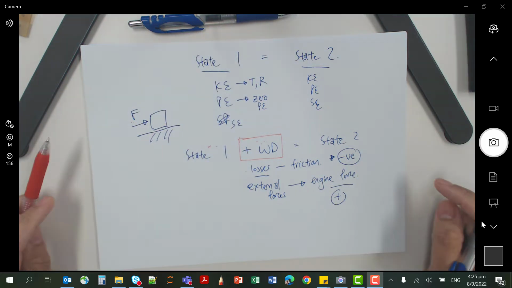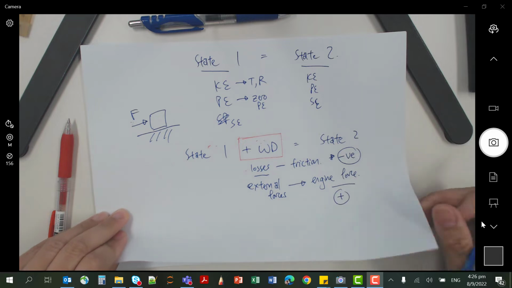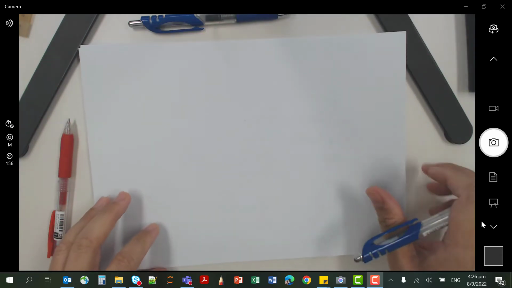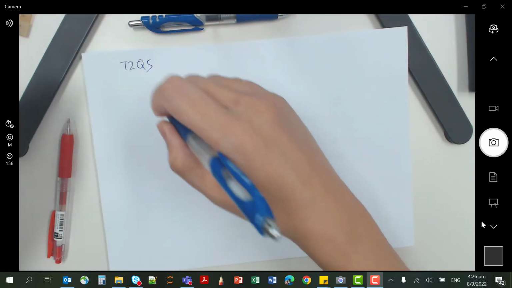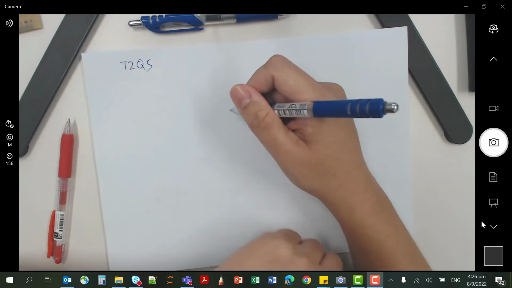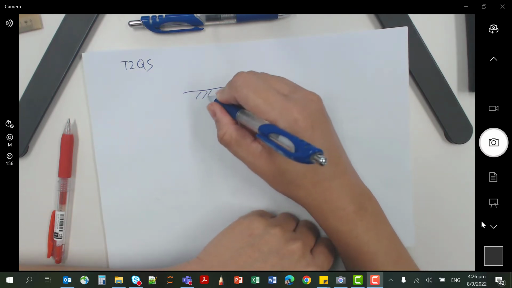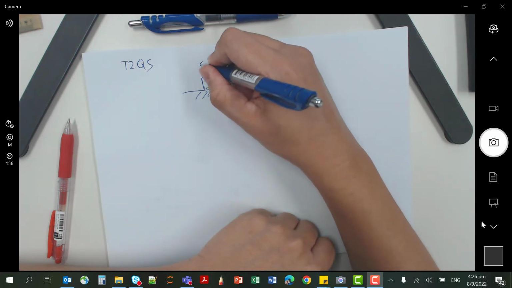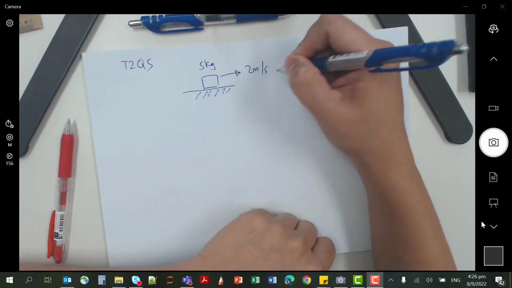Negative work done. So let's look at how this is being applied in tutorial 2, question 5. You have a carton moving along a surface, and this carton is 5 kilograms and the speed is 2 meters per second.